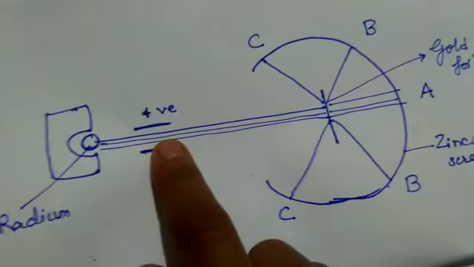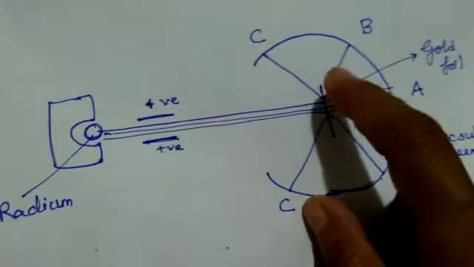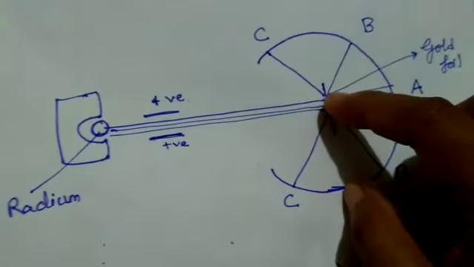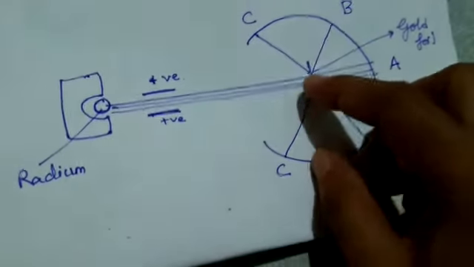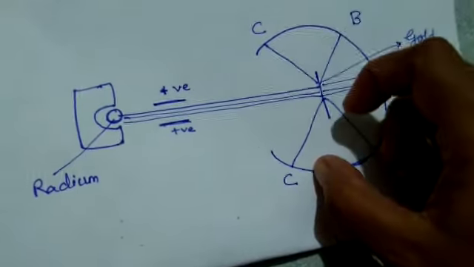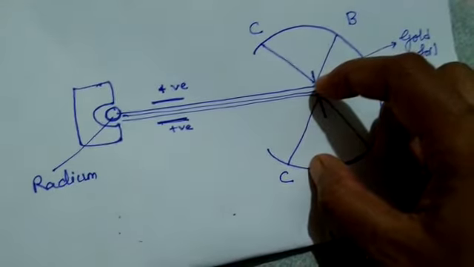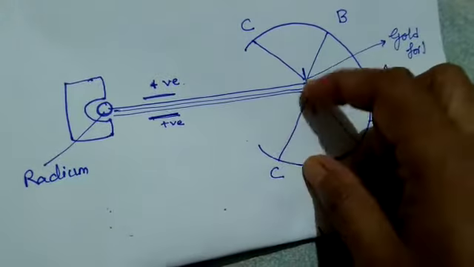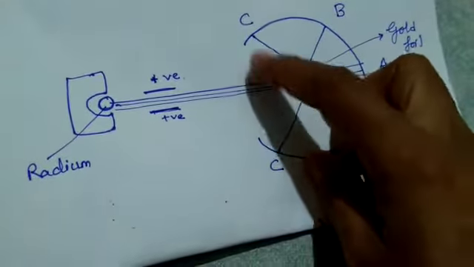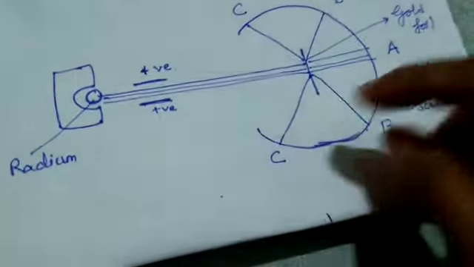So when they experience repulsion, they get deflected from their path. If they strike the nucleus directly, they experience more repulsion and get deflected back, producing the scintillations or glow in regions C and C.